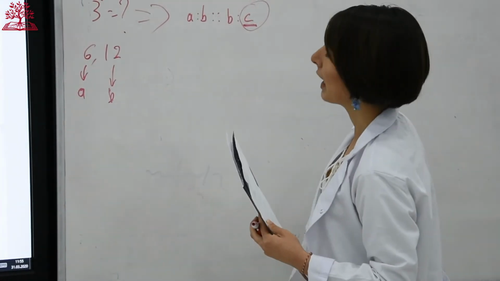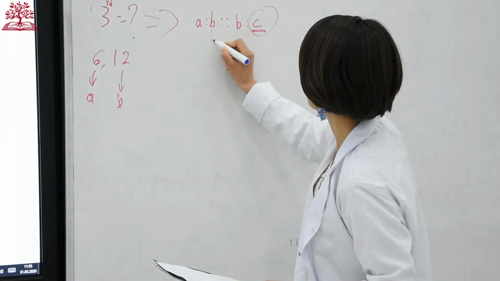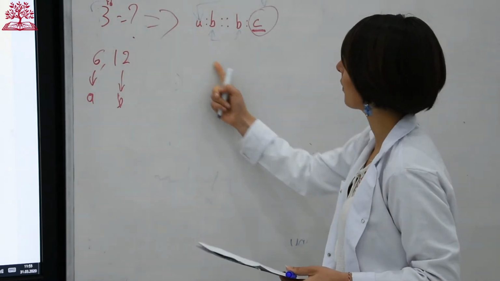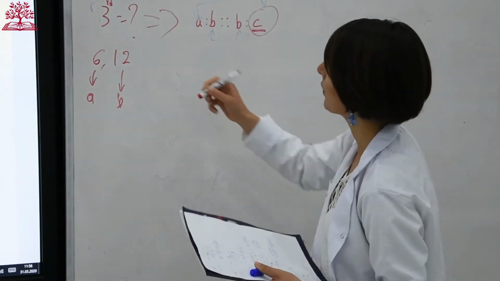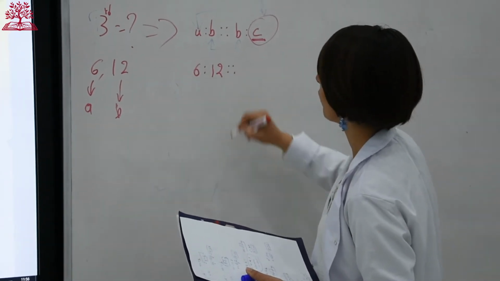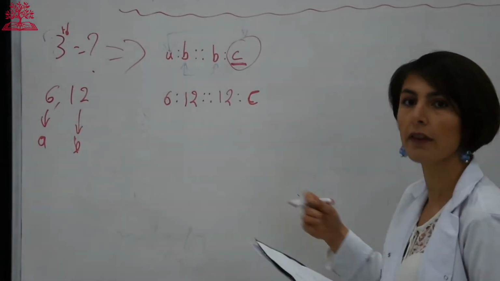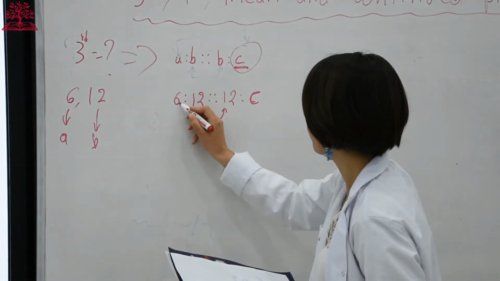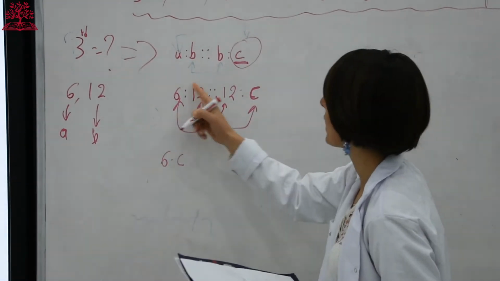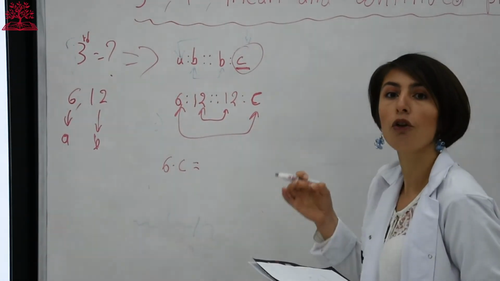I know that the product of extremes equals the product of means. So I have the right to say in this case that 6 to 12 equals 12 to C. Let's call it C, the third proportional that I have to find. So in this case, I can write 6C, because the product of extremes, so 6 times C, 6C, equals the product of means.